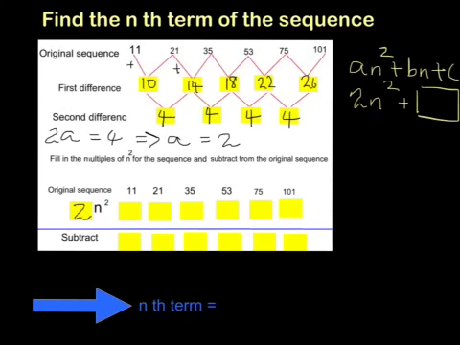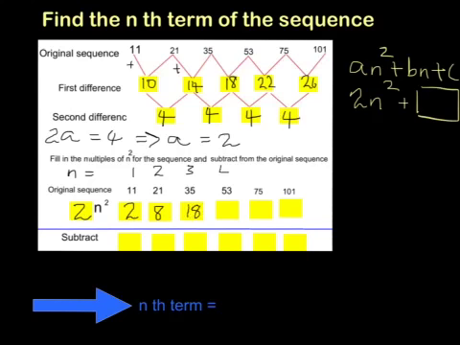When n equals 1, that would be 1 squared times 2, that's 2. When n equals 2, we have 2 squared, that's 4 times 2, that's 8. When n equals 3, we have 3 squared, which is 9 times 2, that's 18.